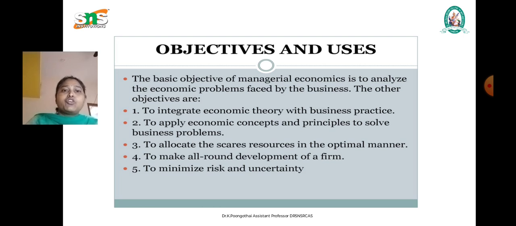The third objective is to allocate scarce resources in an optimum manner. We have to allocate the resources of a business in a sufficient manner, and plan beforehand. The next one is to make all-around development of a firm.